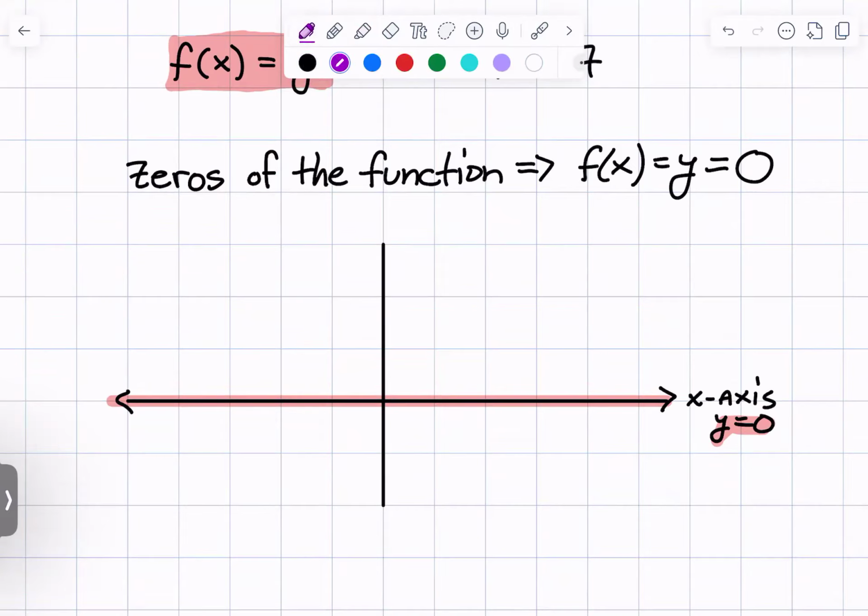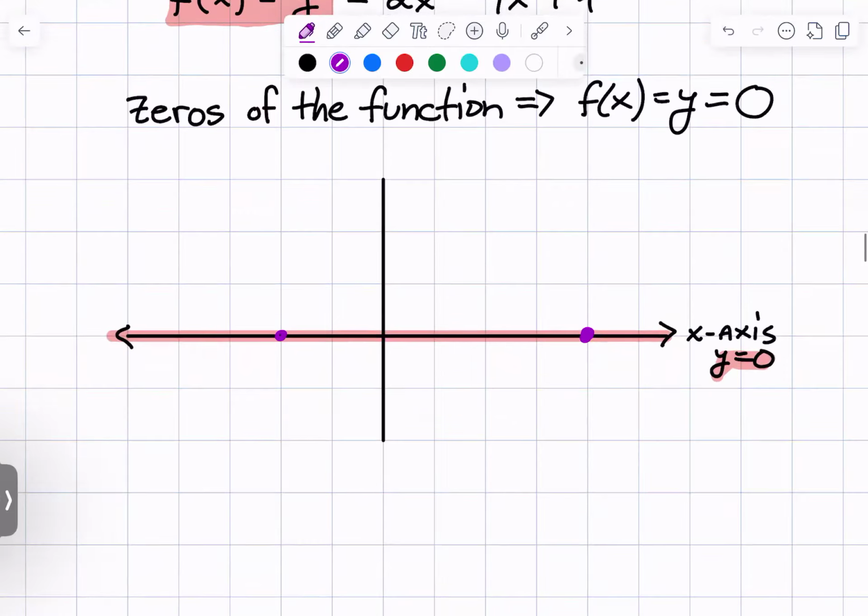If there's 2 points along this line here, let's say here and here, right? The x-intercepts, okay? So the zeros of the function, class, is also called my x-intercepts.